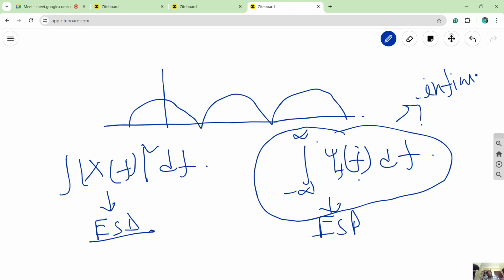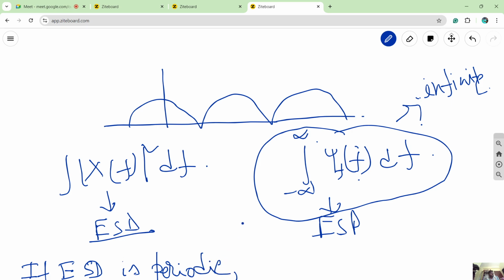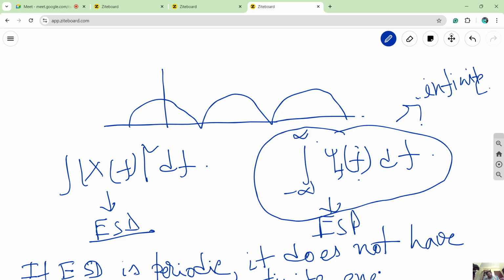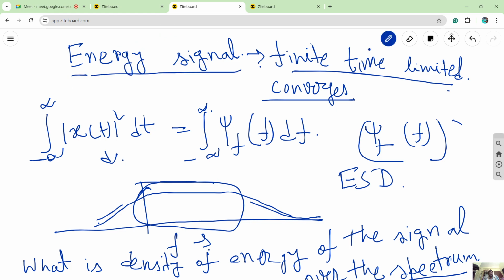If the ESD is periodic, it does not have finite energy. Right? So if it does not have finite energy, then it's not an energy signal, because energy signals should have a finite energy.